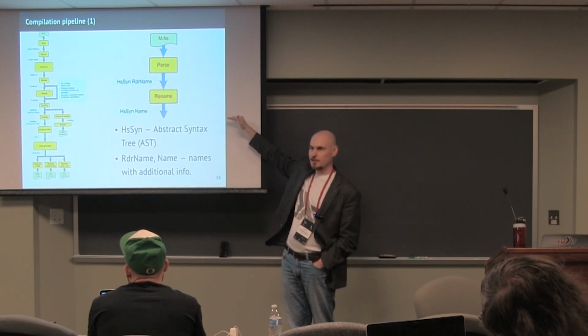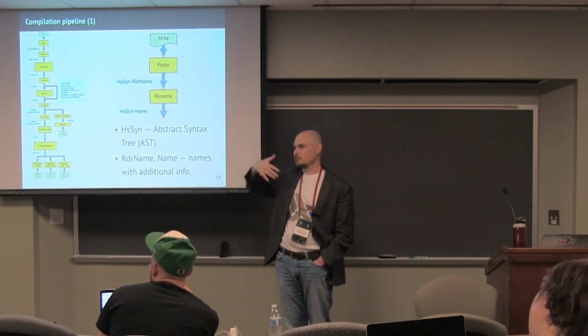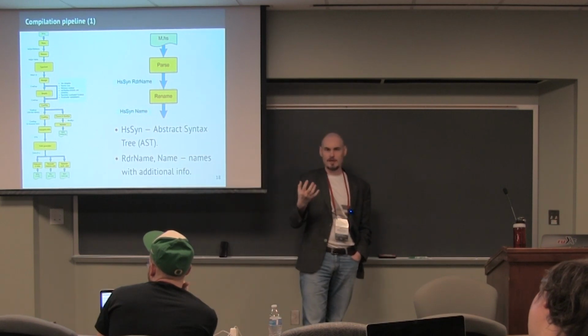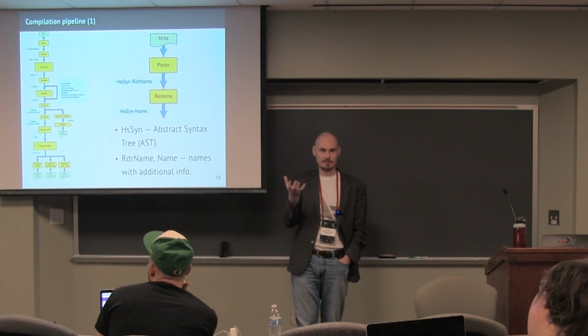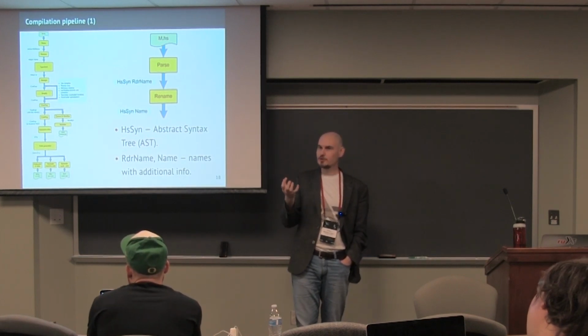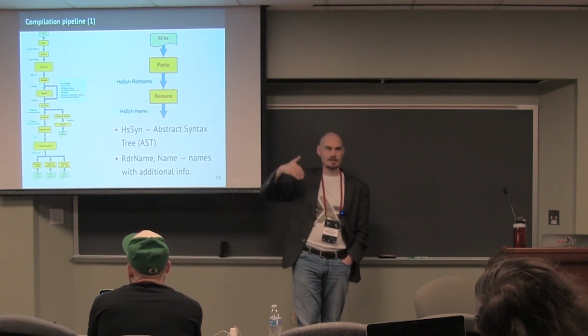And at this stage, there is no information about types. So if you specify this information explicitly in your code, then this information will reside in the abstract syntax tree. And duplicate record fields is able to use this information in order to find the right accessor function.